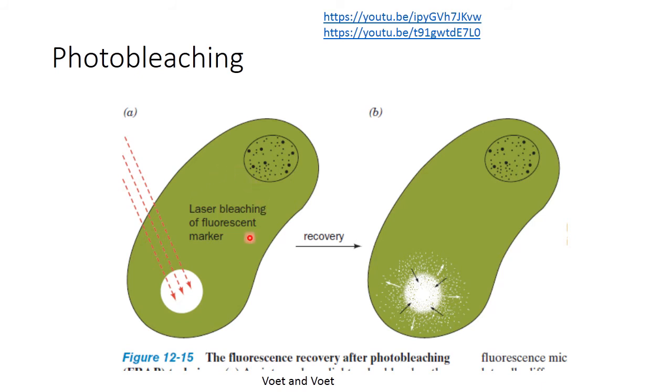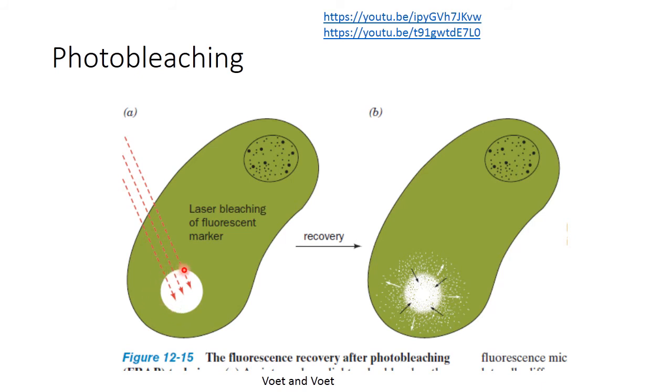So this green color of the cell is representing that we are getting a green colored signal from the entire surface of the cell. Now, in this process, we carry out photobleaching.